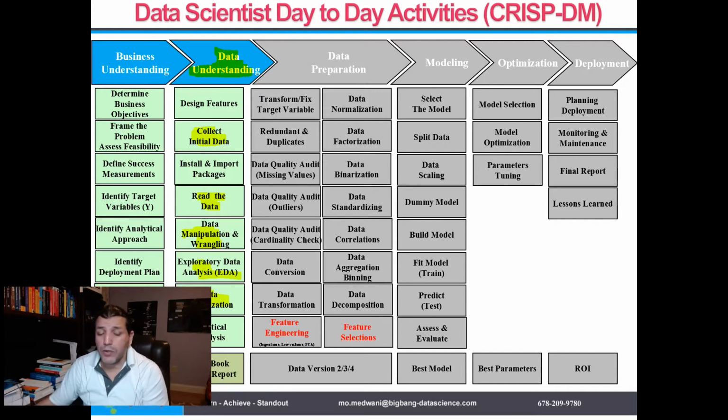And so you need to do some data visualization, and we need to apply some statistical analysis by simply understanding the mean, the median, variance, covariance, standard deviation, correlation, all the types of correlations, and also understand the quality of the data. So at the end of data understanding, we should have a clear picture of the quality of the data that we have.